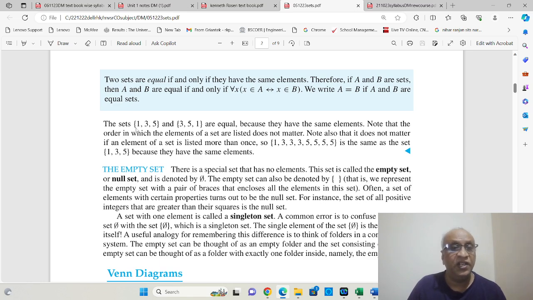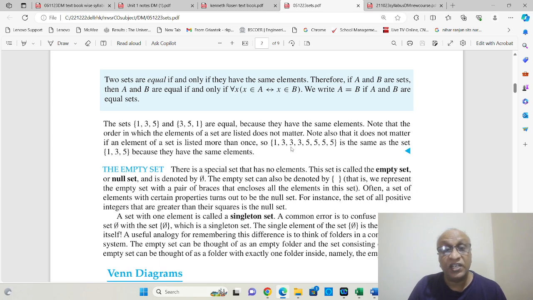Say for example, here set A is {1, 3, 5}. Set B is {3, 5, 1}. Are they equal? Yes, they are equal because set A consists of 1, 3, 5, set B also consists of 1, 3, 5, but the order is different, and as the definition of a set indicates, order is not important. They are unordered elements, but they are the same elements.